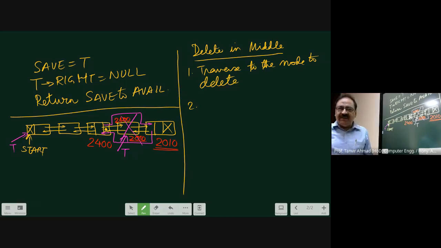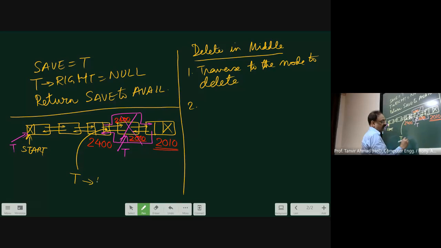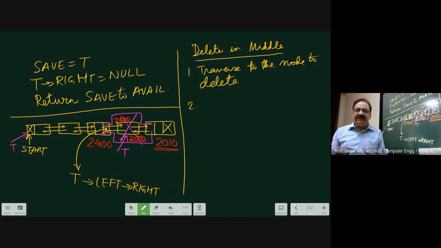What is T of left? It is 2400. What is T of left of right? It is that part of the node before T and the right part of that. Therefore, this part can be referred to as T of left of right. Correct? Because T of left is 2400, and 2400 of right is that part.